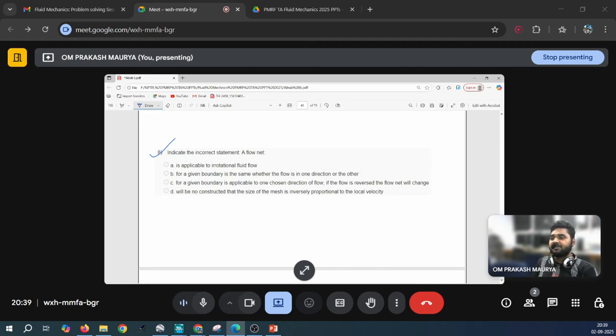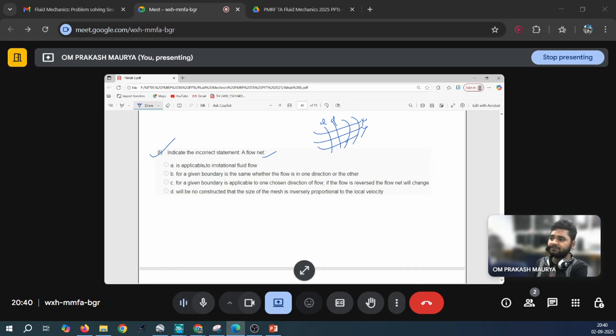Indicate the correct statement of flow net. Flow net means the combination of stream function and potential function, like that. So this is a flow net. This drawing is not correct, but just for general interpretation.